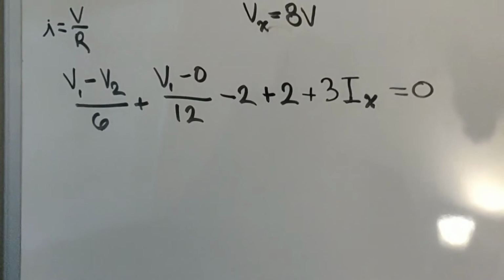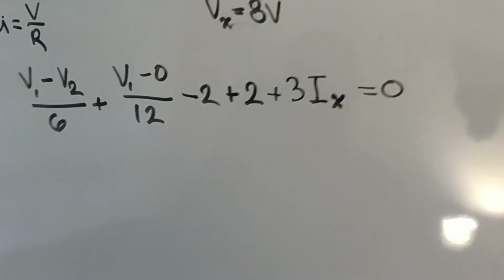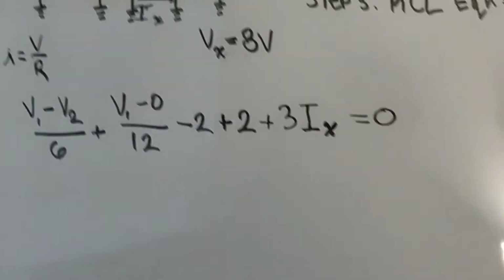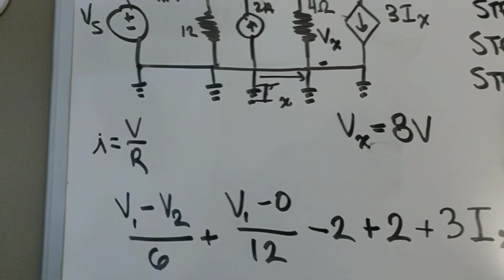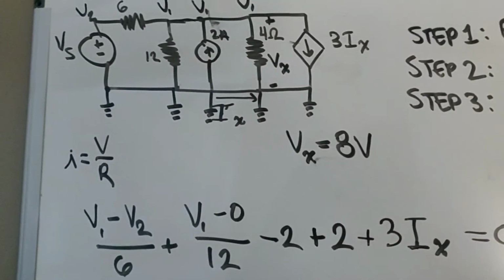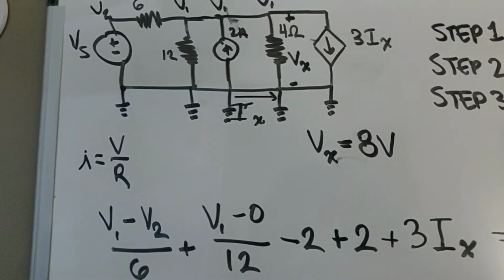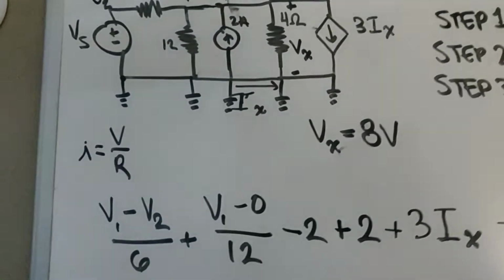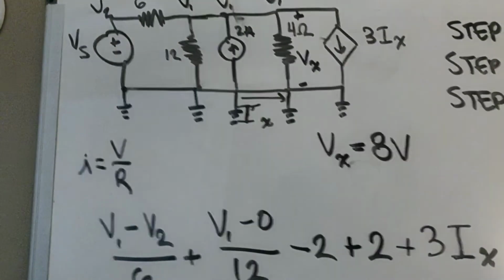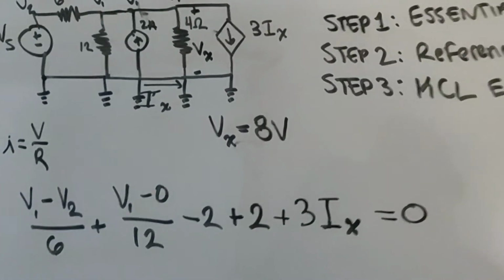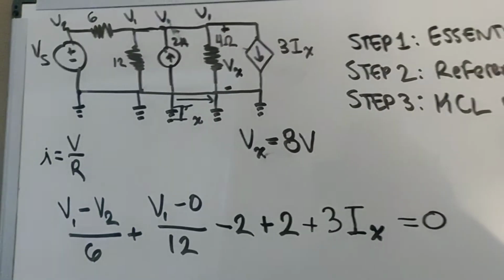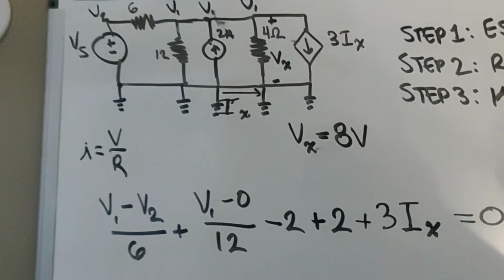Notice how we have 3 unknowns. We have V1, V2, and we have Ix as an unknown. So now we're going to have to look back up at our circuit and figure out how we can solve for Ix, because V1 and V2 are the 2 unknowns that we can handle. We can handle 2 unknowns. But now we have to figure out what Ix is.